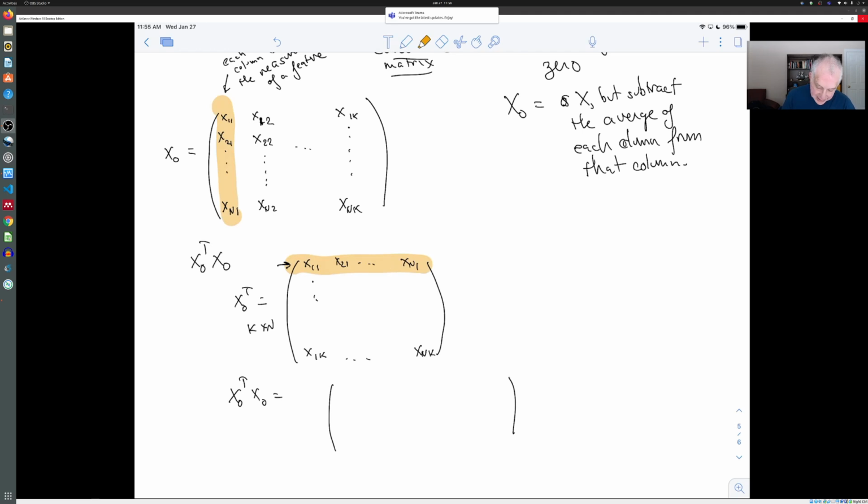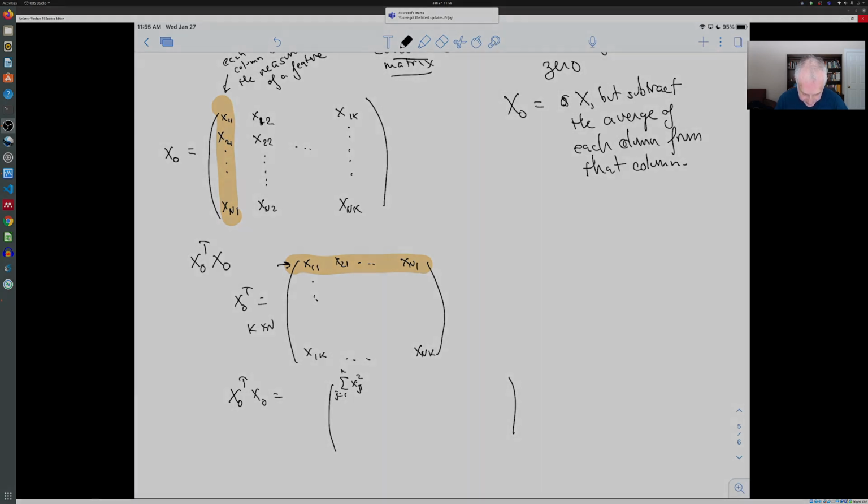And what we get here is going to be x11 squared plus x21 squared. In other words, we're going to get here the sum of xj1 squared as j goes from 1 to n.